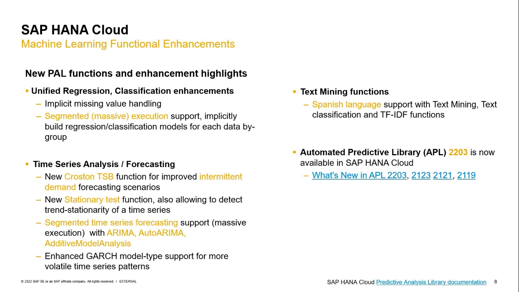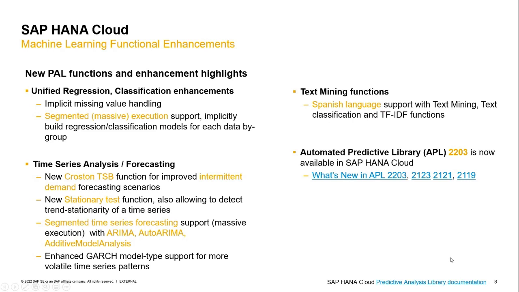In addition, in time series analysis for intermittent demand time series forecasting, we support a new variant of the Croston function, which yields better forecast results as it evaluates the probability of demand in the upcoming period versus only looking at the length of the next period. And then for volatile time series, there are also some enhancements in the GARCH time series functions.